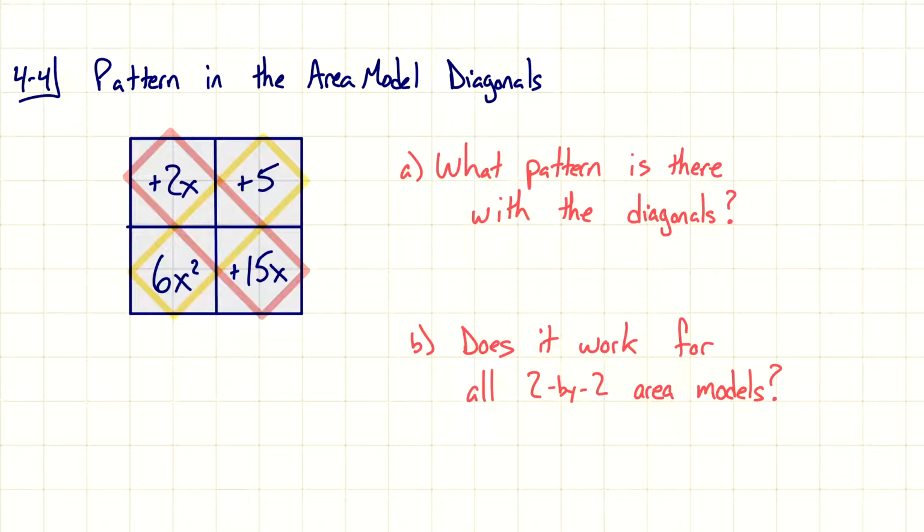All right, what is the pattern with the diagonals? And if there is one, does it work for all 2x2 area models? All right, so I'll let you see if you can answer that question. Or see if you notice the pattern.